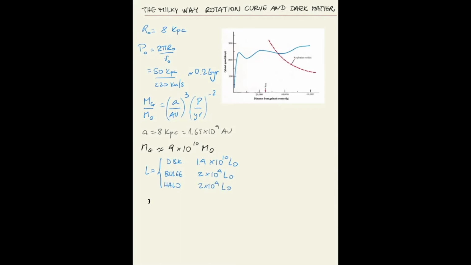So a grand total of 2.3 times 10 to the 10 solar luminosities. So we have a luminosity of about 2 times 10 to the 10 solar luminosities and a mass of 9 times 10 to the 10 solar masses.